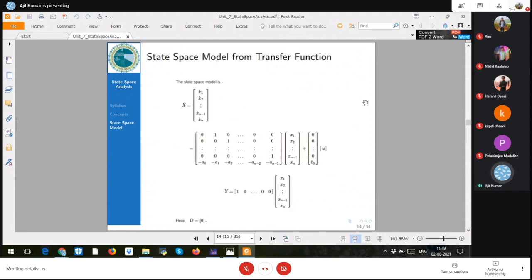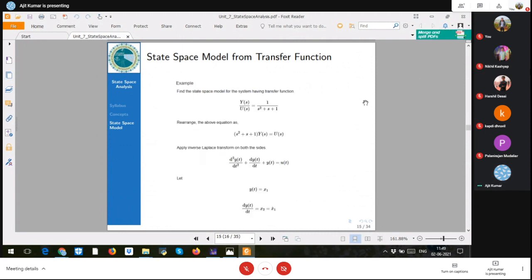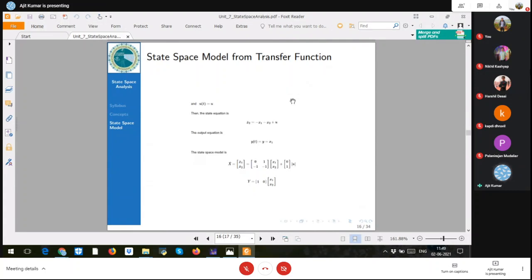We also saw the example that if your transfer function is 1 by s square plus s plus 1, then how to find the state space model. Essentially, finding the state space model means we are trying to find the A, B, C, and D matrices. So you see, we found the A, B, C, D matrices. That is your A matrix, B matrix, C, and D will be a zero matrix.